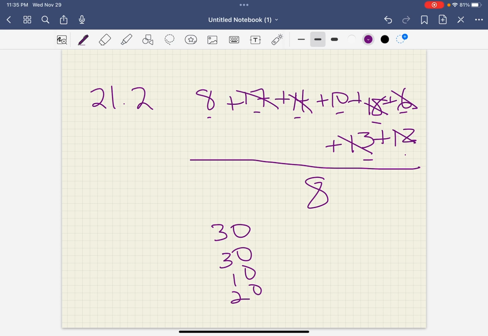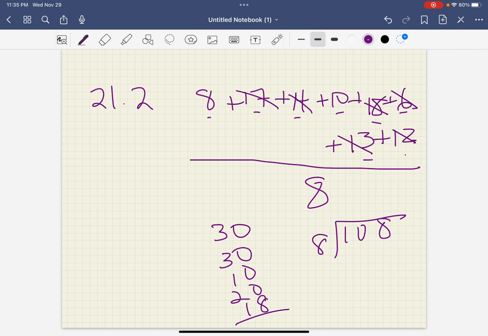Then what do we have left? 18. 10 plus 8 is 18. So if we add those, we get 8, 3, 3, 6, 7, 9, 10. Divided by 8.